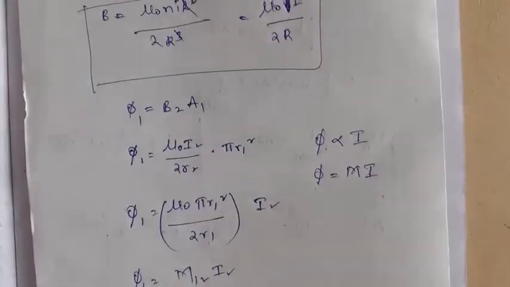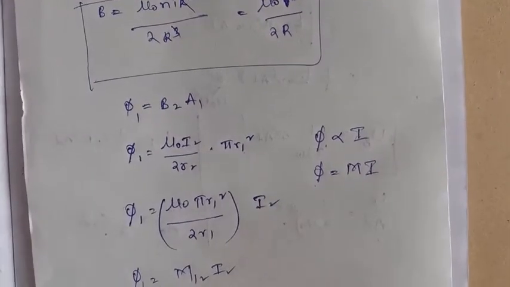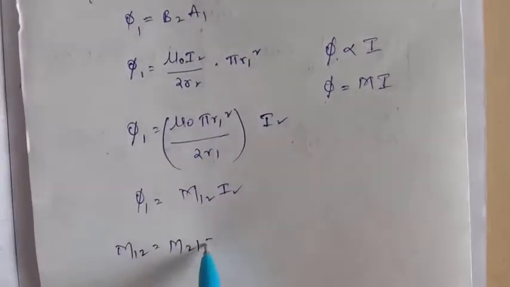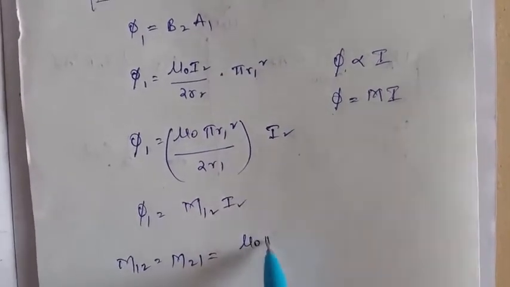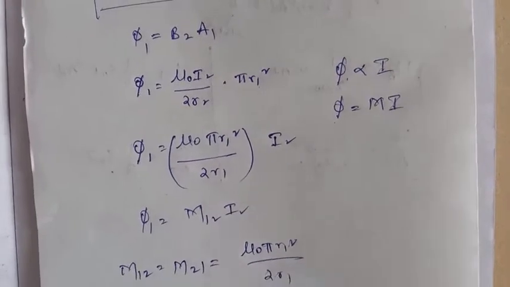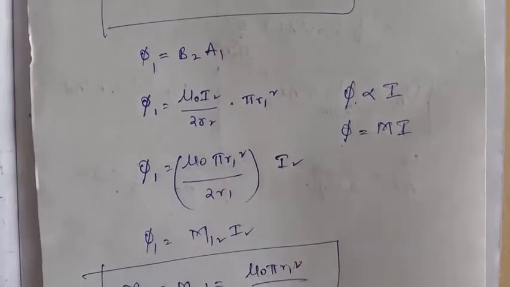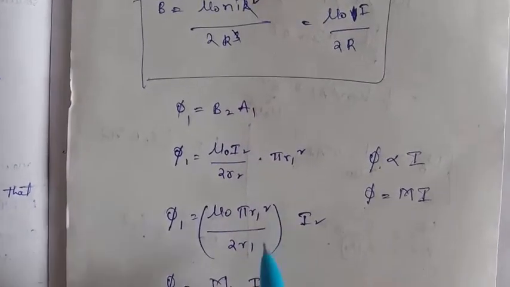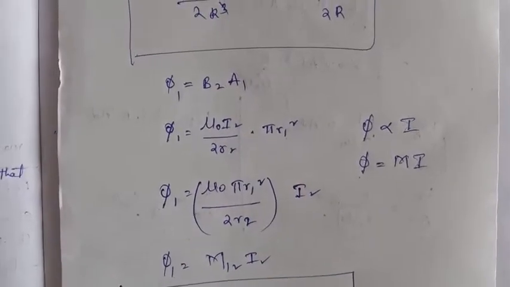Here M12 is equal to M21, which is equal to mu naught pi R1 square upon 2R2, sorry, 2R2.